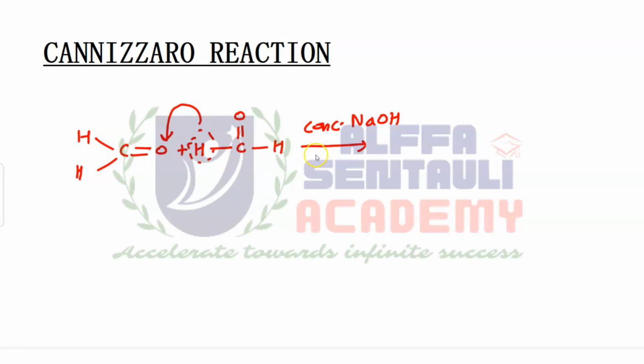There is an oxidation reaction going on. How will this oxidation reaction happen? If you see this molecule, CH3 and this is OH, so this will become methyl alcohol, and the other compound you will get is sodium formate. So there will be formation of two compounds.